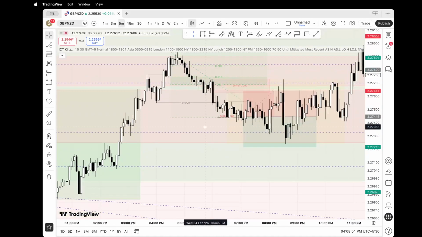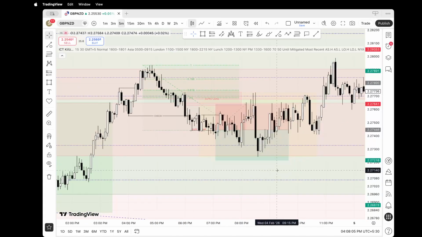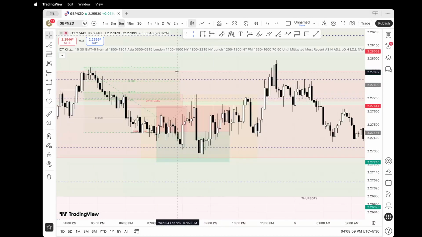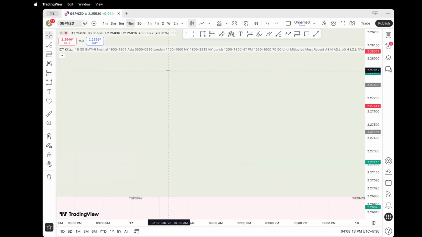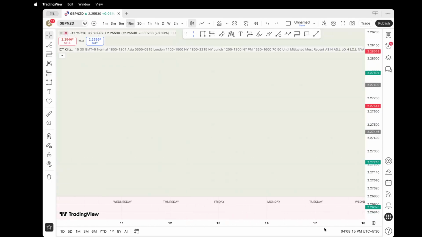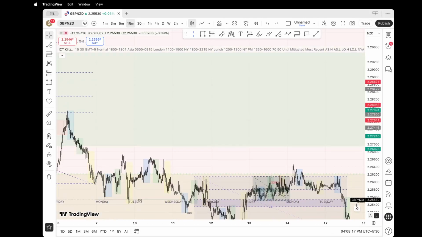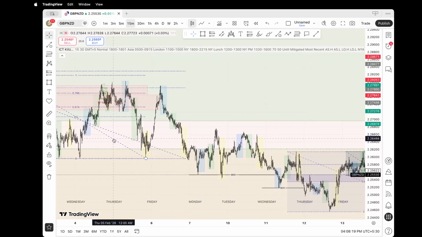Okay, so at 5 minutes we did have a change of character, and we did enter the trade. It came up, it again turned bullish at 5 minutes, I would say.